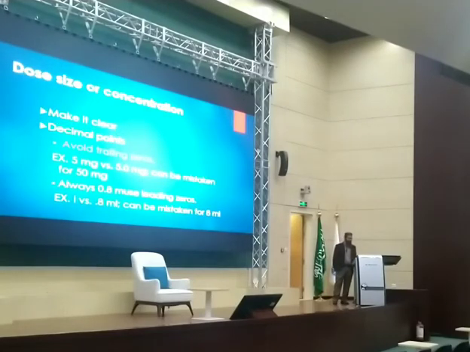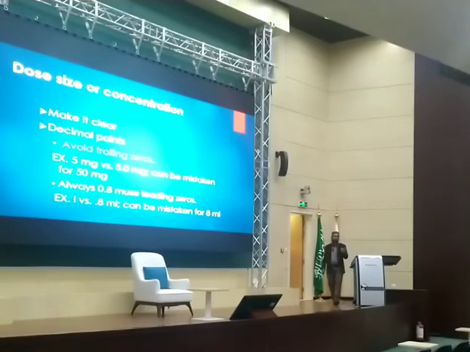Then the concentrations. The appropriate way to write the concentration: if it's 5 milligram, you don't put a decimal point after it, because it may create a mistake of 50 milligram. So there is no need for the decimal in 5.0. But if there is a decimal before the number, then use leading zeros. So 0.8 is more appropriate than just .8, because that could be read as 8 ml, not 0.8.